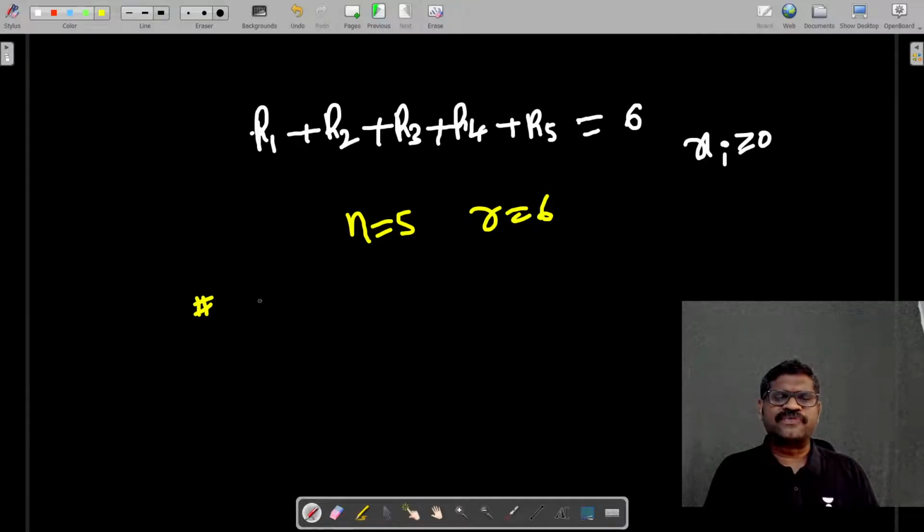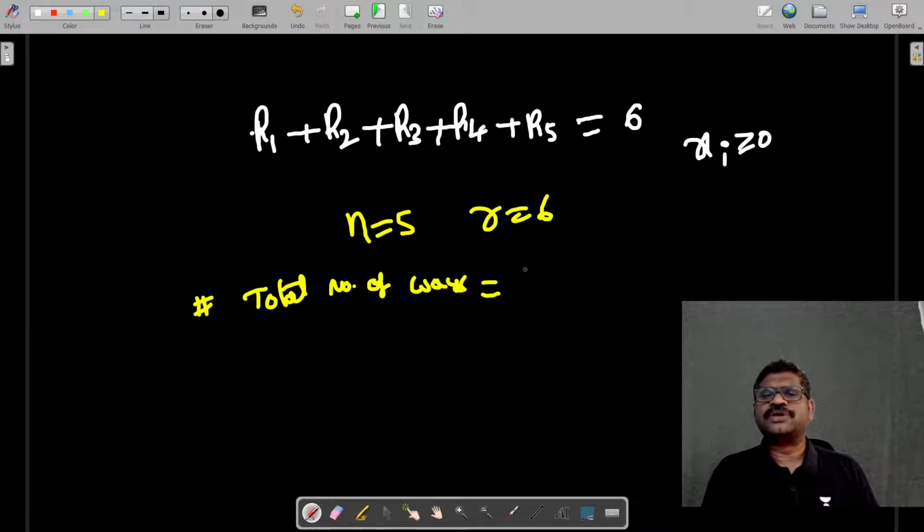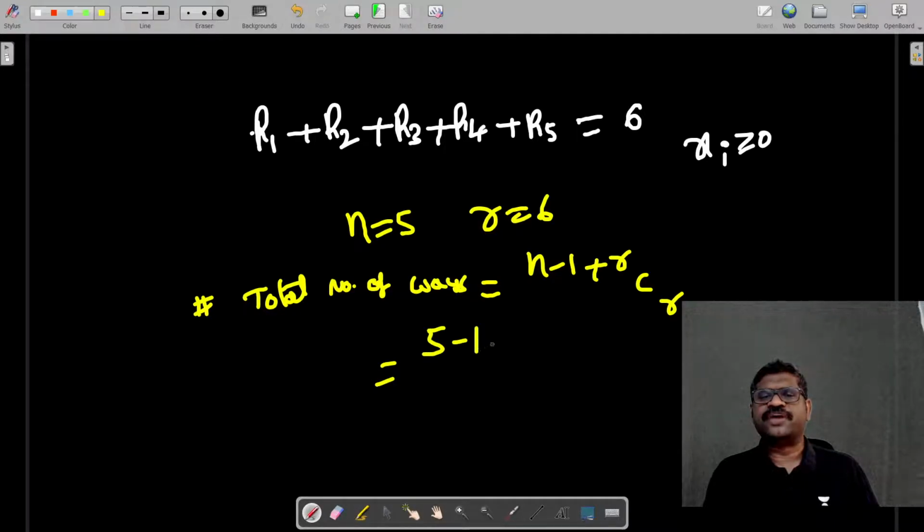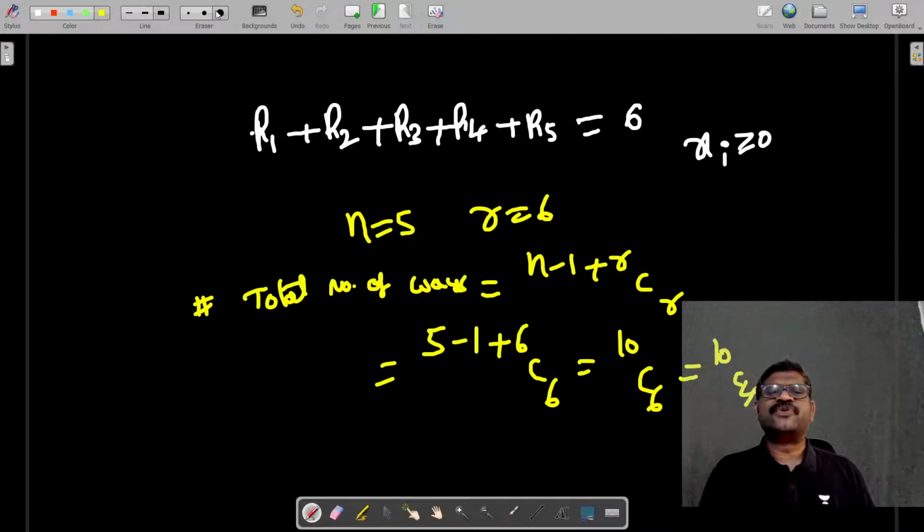The total number of ways equal to n minus 1 plus r C r, 5 minus 1 plus 6 C 6. 5 minus 1 is 4, 4 plus 6 is 10, 10 C 6, which is 10 C 4.